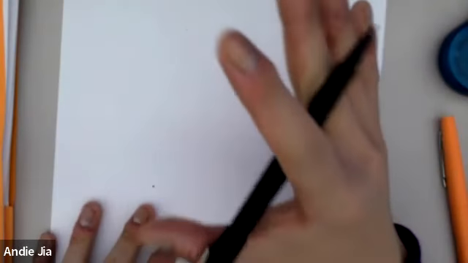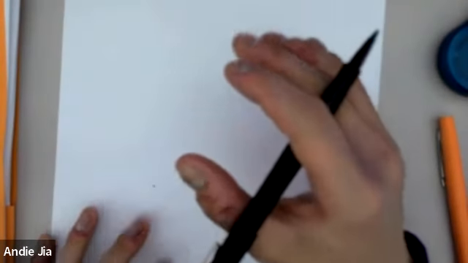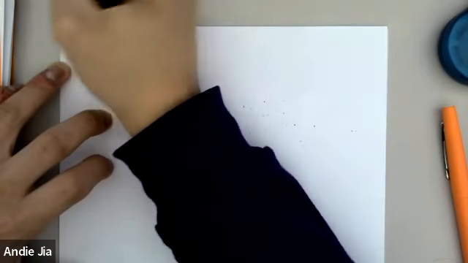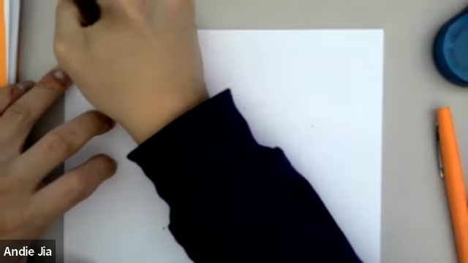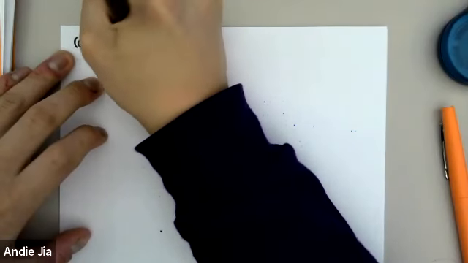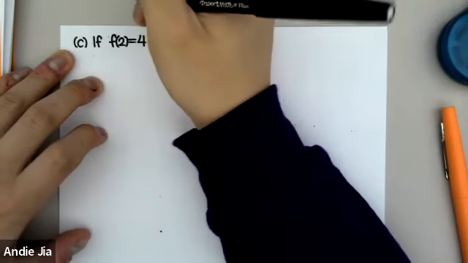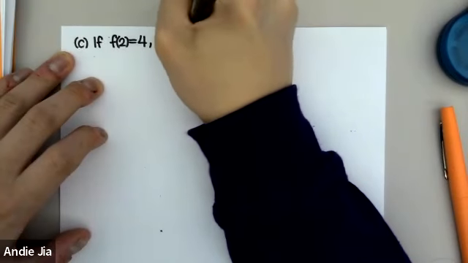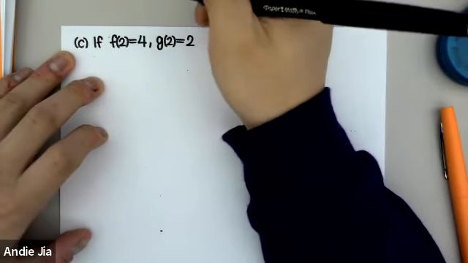I think for this one is more like chain rule, but it's doable. You don't need to do any computation. I think this one tends to be more conceptual rather than computational. So 1C: f of 2 is 4, f prime of 2 is 4, g of 2 is 2, and g prime of 2 is 6.